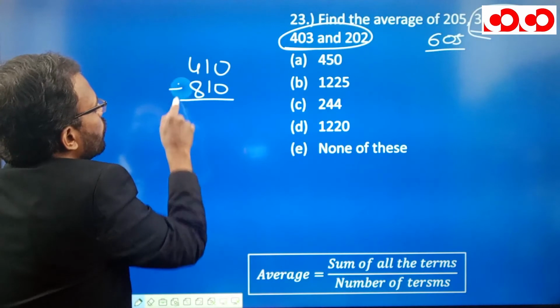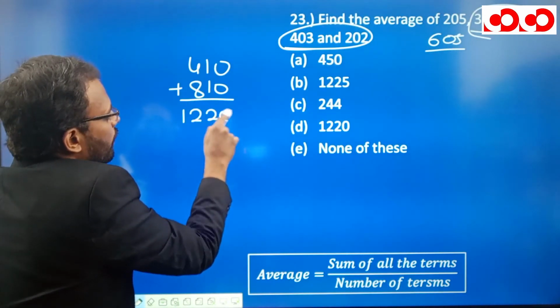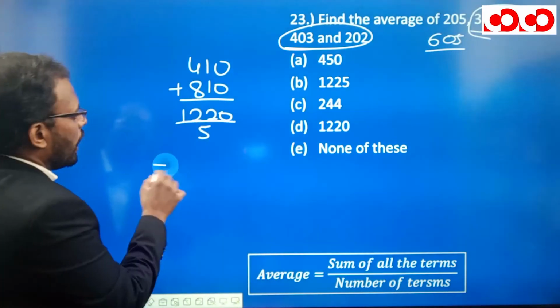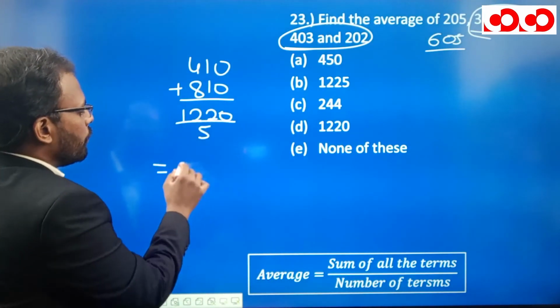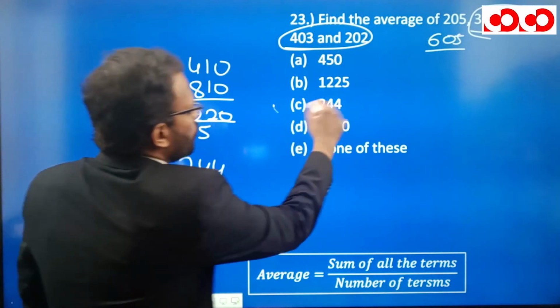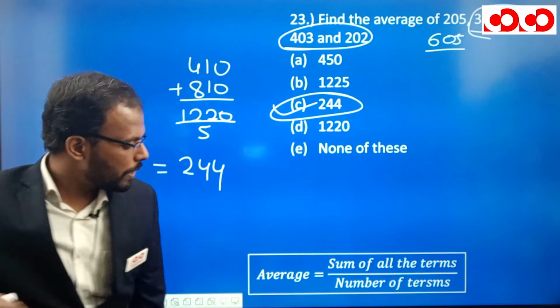If we add all of them, it will be 1220. Now these are 5 numbers, so we have to divide by 5. If it was 1200, we would have got 240, but there is 20 extra, so we get 4 extra over here, and 244 is the average of these 5 numbers.